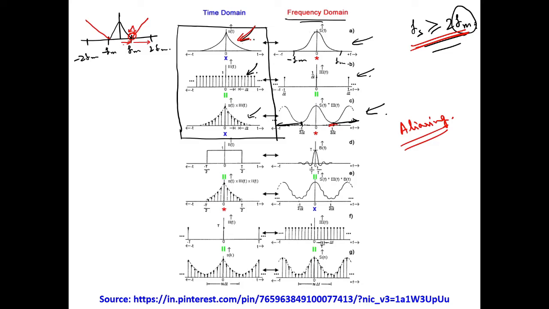Now consider the case where you are using an analog to digital converter.